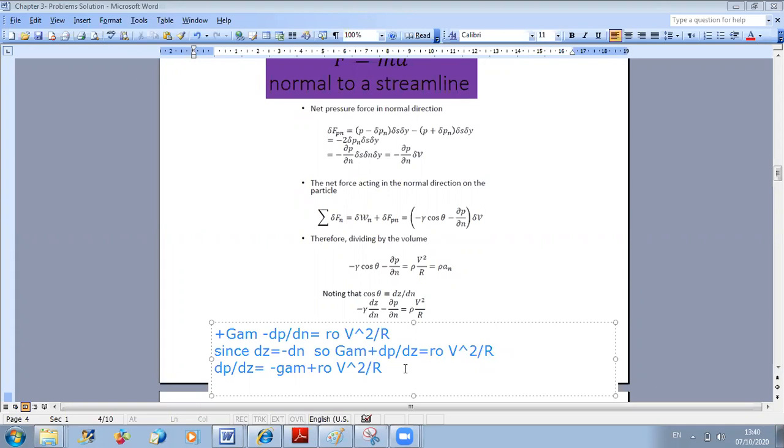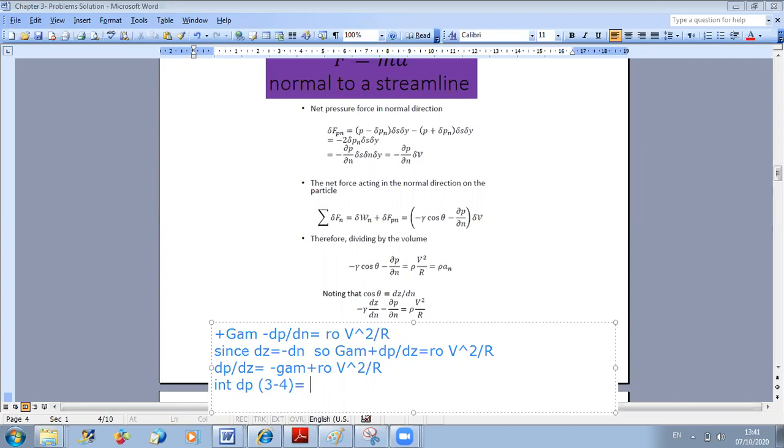If I want to find the variation of pressure between point 3 and point 4, I will take dz to the other side and integrate. On one side, it's the integral of dp between 3 and 4, and on the other side, the integral of minus gamma plus rho v square over r times dz.